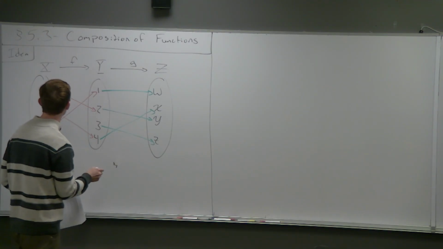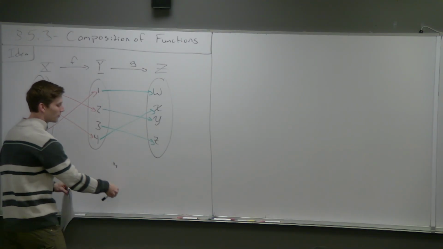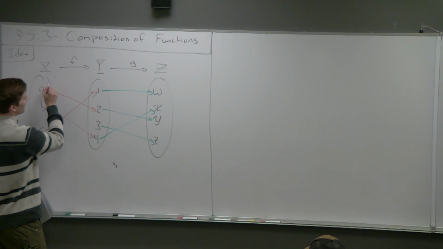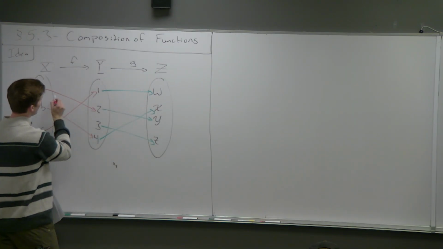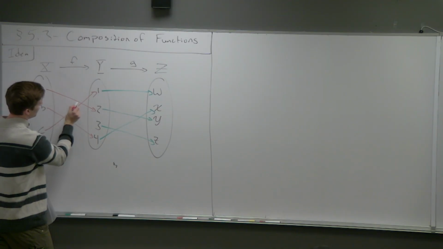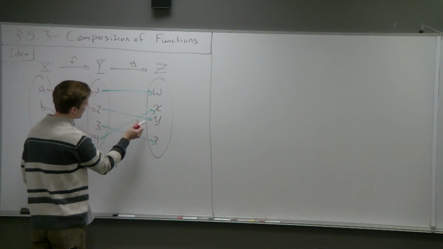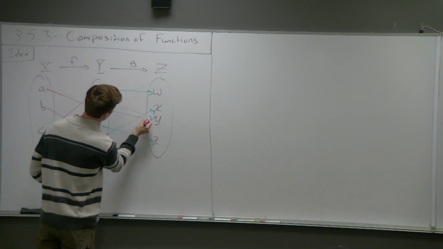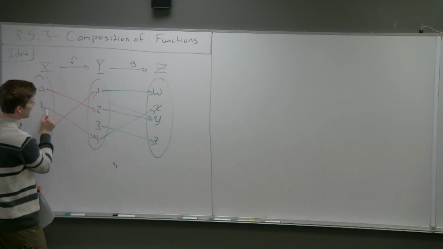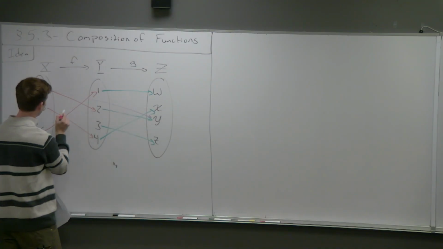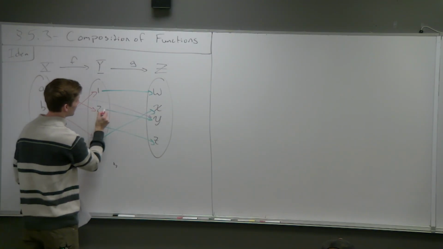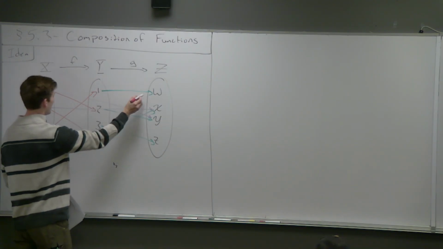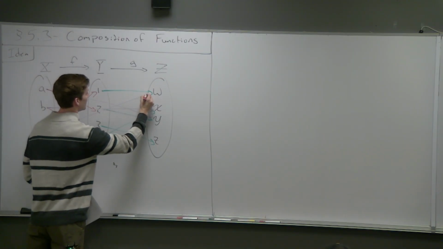That is, you could go right from x to z just by following the arrows. So since you could go to 2 and then over to y, you could just go straight across to y. And since you could go from b to 4 to x, you could just go straight across to x. And since you go from c to 1 to w, you could just go straight across to w.